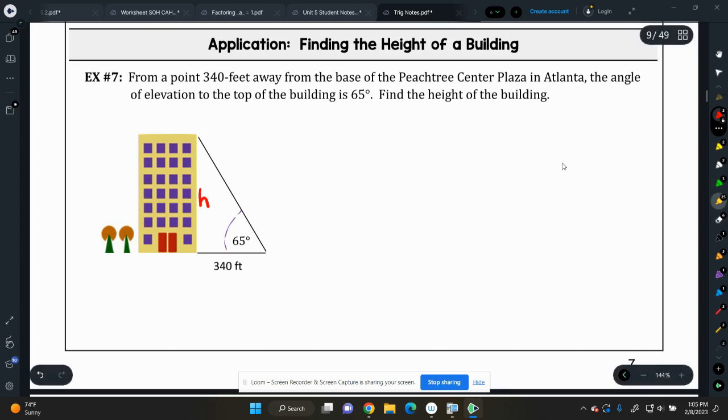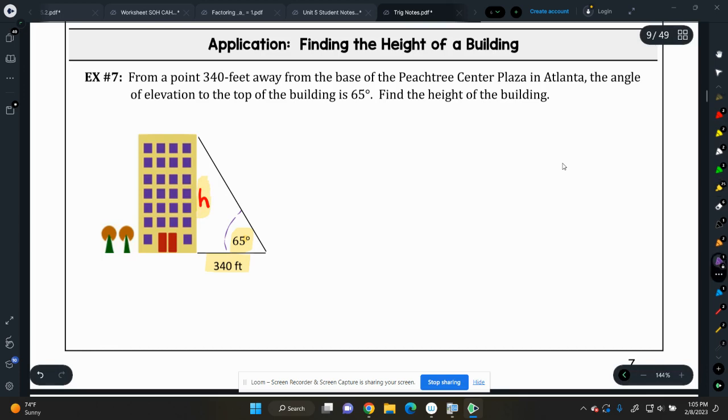What we always want to do is look at the triangle and look at what's given. I have an angle. In relationship to that angle, this is the adjacent side, and this is the hypotenuse.